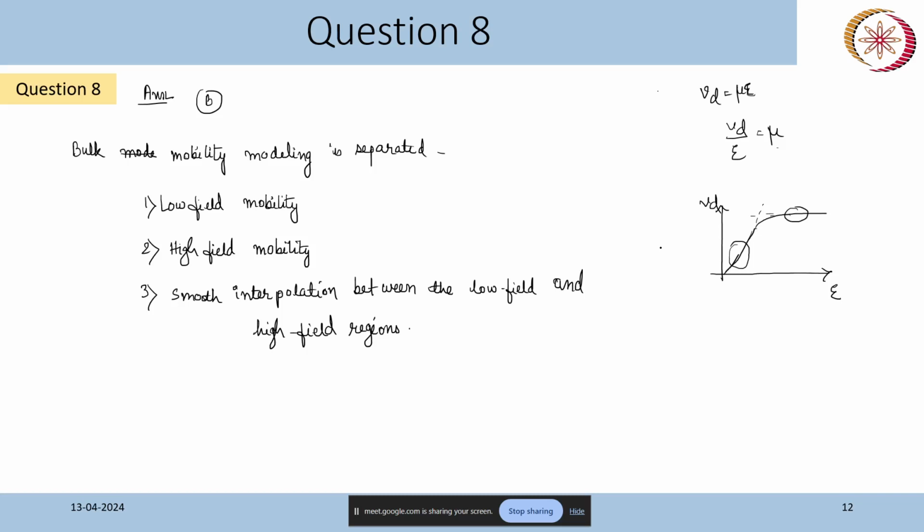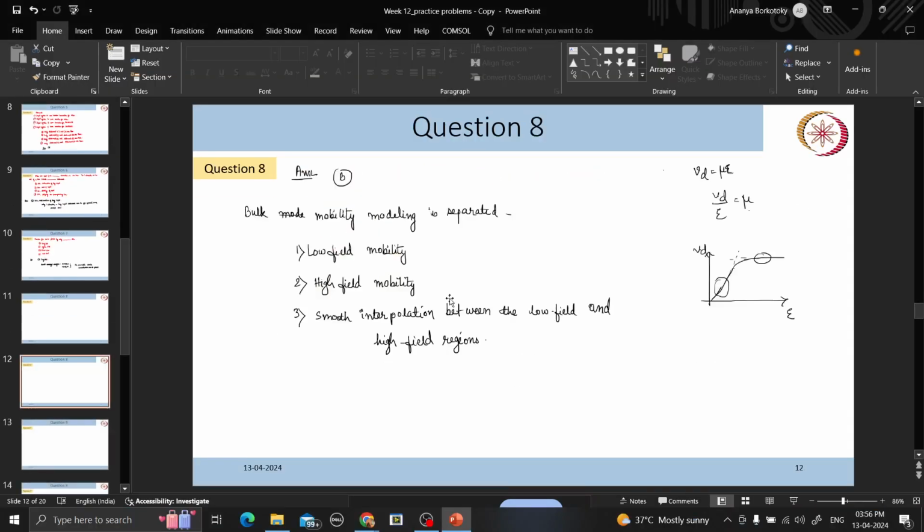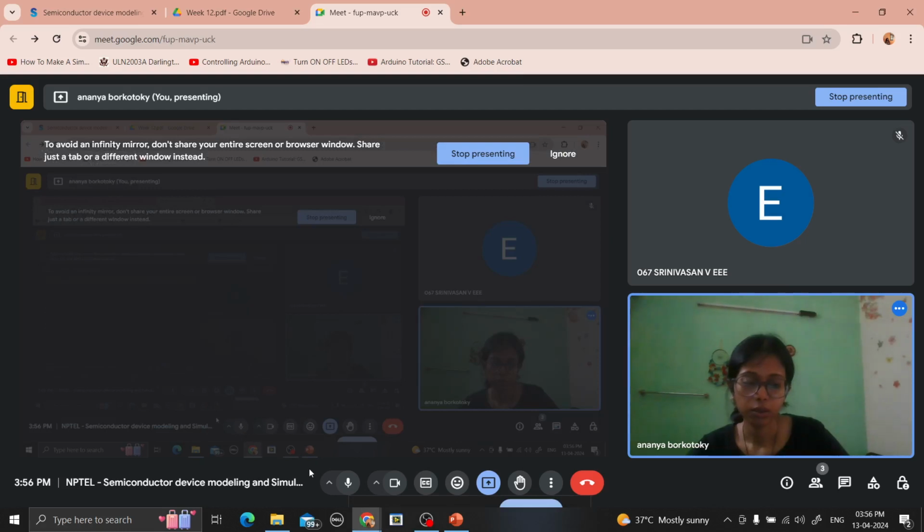So you should use the appropriate values according to the other parameters you are using. I hope everything is clear and there is no question.